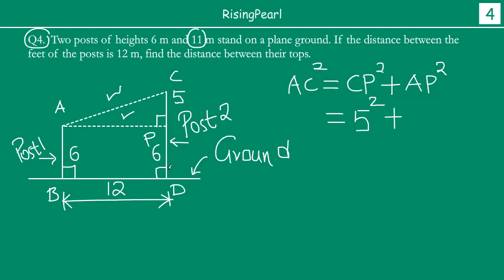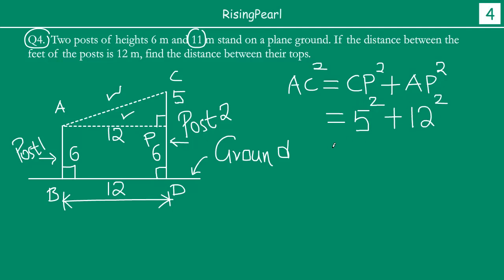Similarly you can prove that all of these angles are 90 degrees. So you have a parallelogram with both pairs of opposite sides parallel to each other, and one angle is 90 degrees. So APDB is a rectangle. So if this length is 12, AP is 12. So instead of AP we are going to put 12.